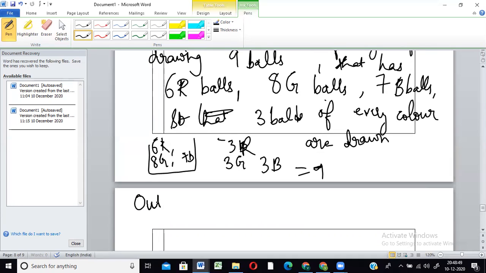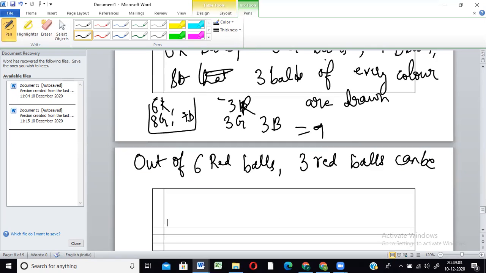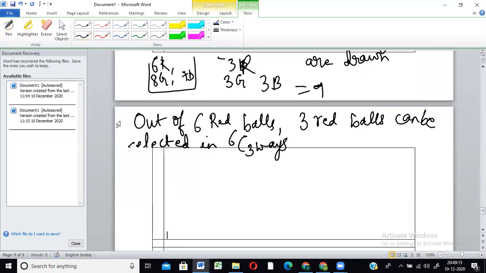So here, out of 6 red balls, 3 red balls can be selected in 6C3 ways. Likewise we will do it for the other colors also.